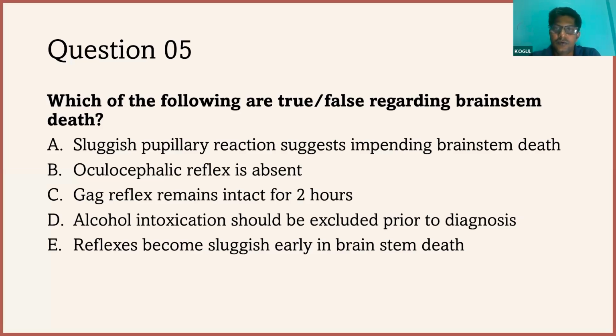Like that, there is a sequence of reflexes. Based on that only, they are asking these questions. So sluggish pupillary reflex suggests impending brainstem death. So if the pupillary reaction is not there, that indicates brainstem death. That is true.